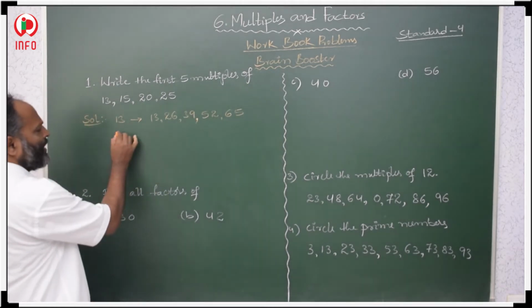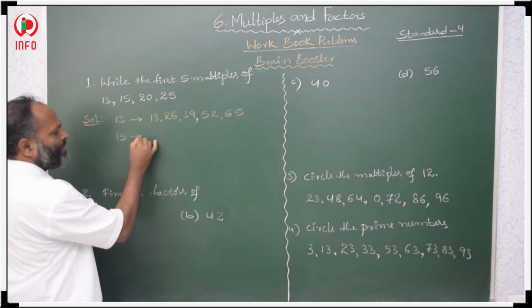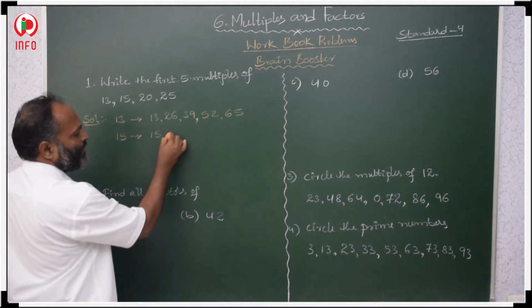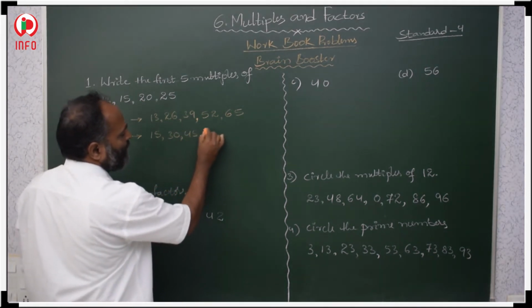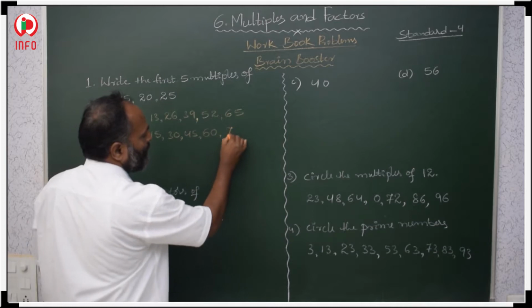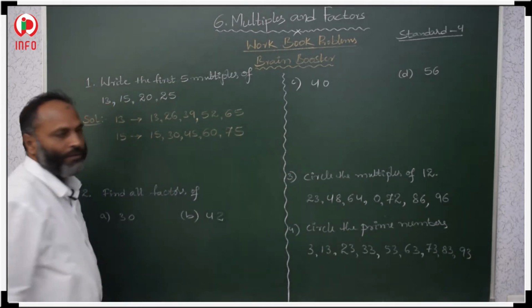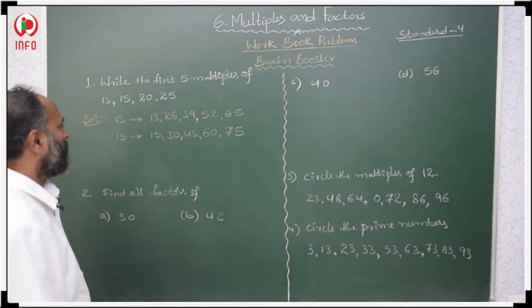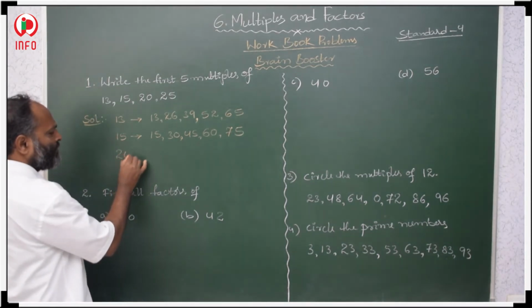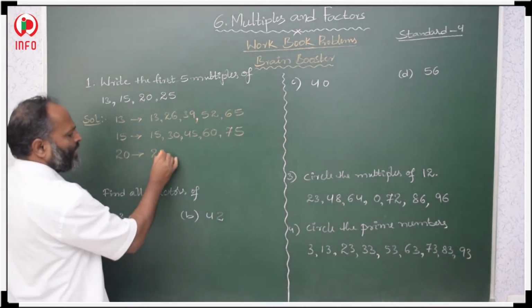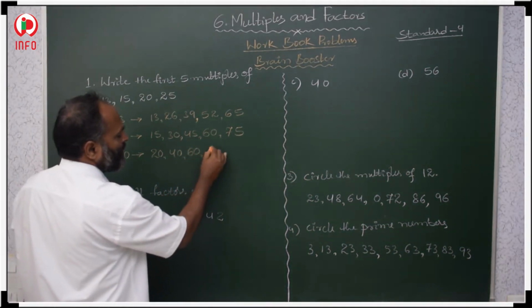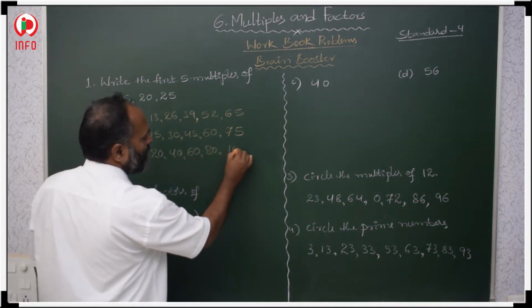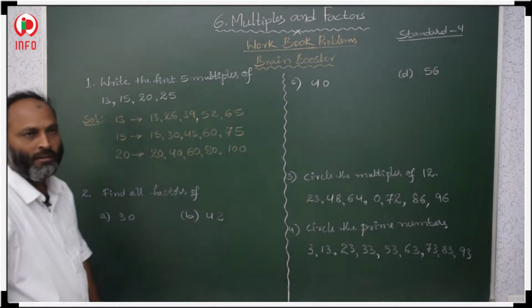Next 15, first 5 multiples: 15 ones are 15, 15 twos are 30, 15 threes are 45, 15 fours are 60, 15 fives are 75. Next 20: 20 ones are 20, 20 twos are 40, 20 threes are 60, 20 fours are 80, 20 fives are 100.